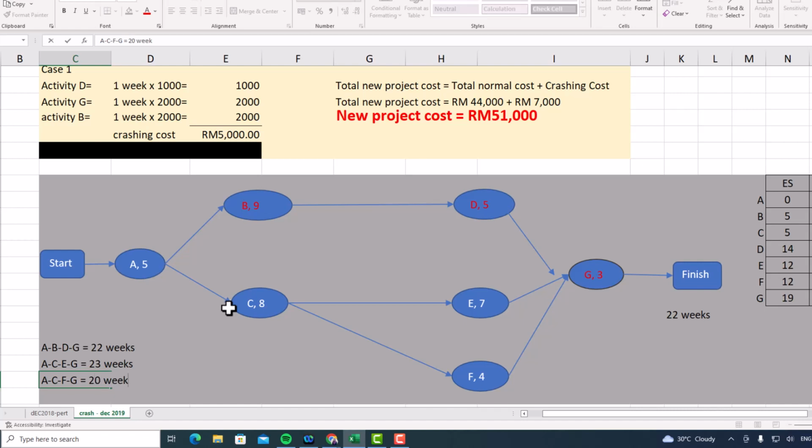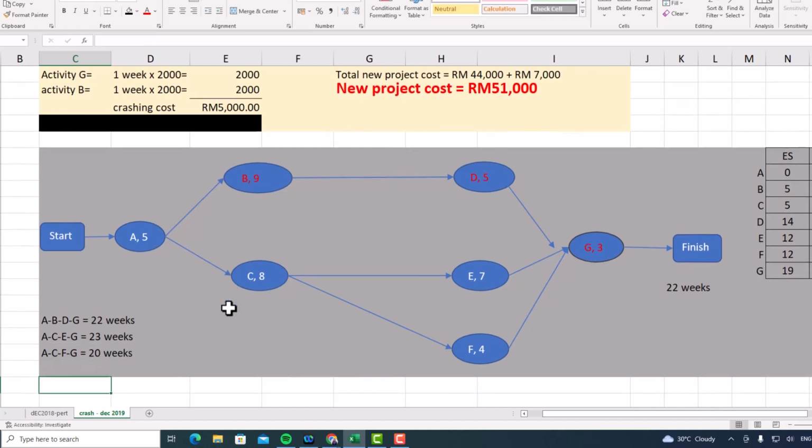Okay, so if you can see here, the critical activities before, which is A, B, D, and G, is not critical anymore. There is another critical path that has the longest completion time, which is the route between A, C, E, and G. So this cannot be, because as required by the question, you need to ensure the project completion time is 22 weeks.